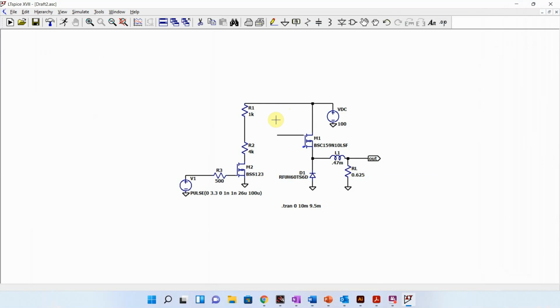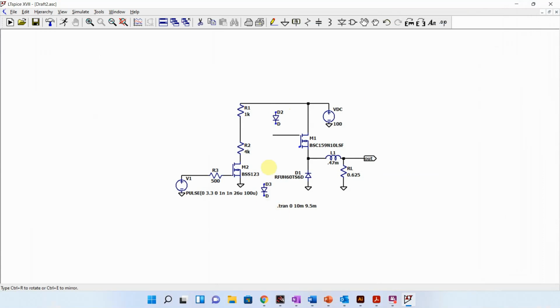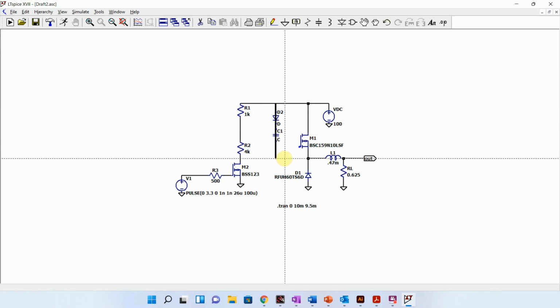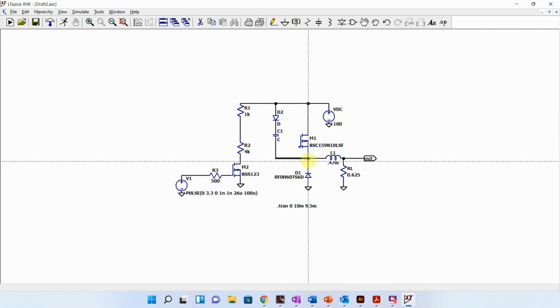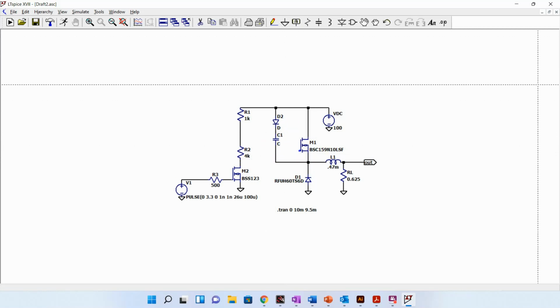So we're going to grab a diode, and a capacitor. And then that is connected to the source down here. And then I have my resistor.